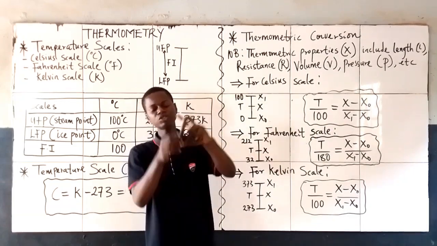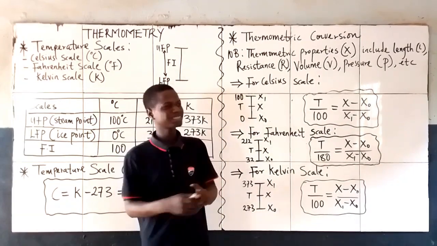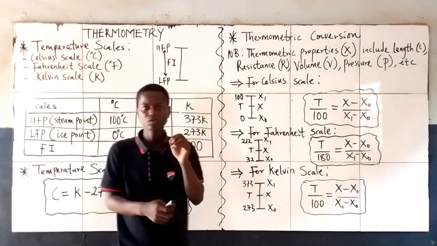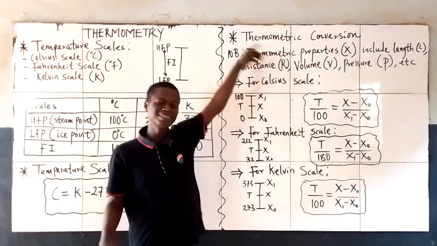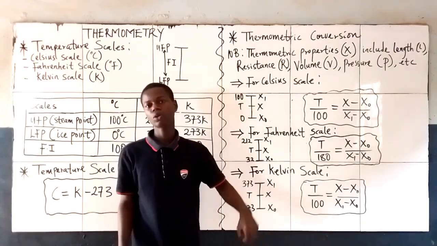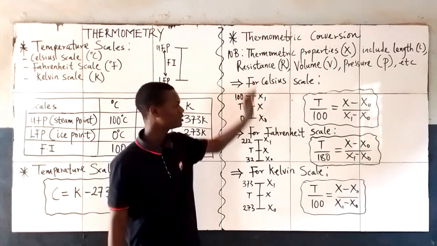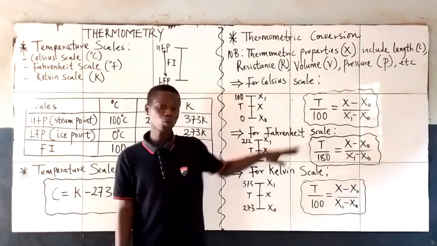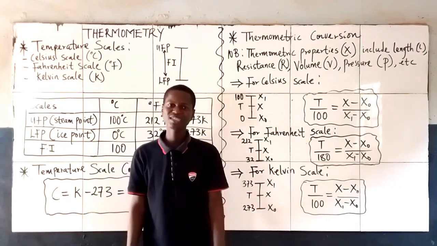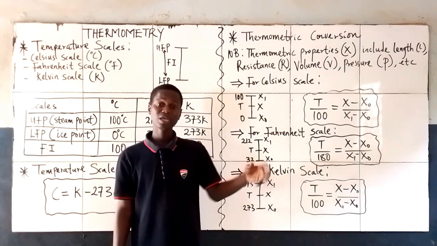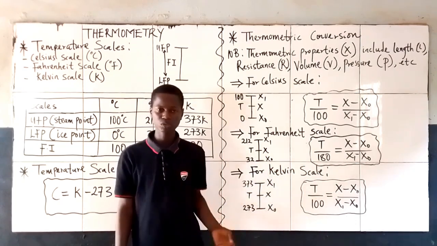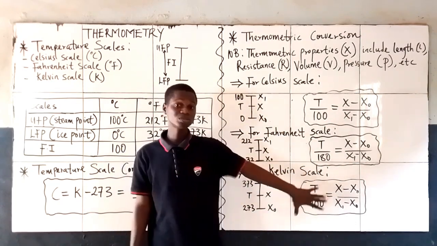If it reads so and so, what is the equivalent with any of these types of scales? That is what you'll be doing here. And this is the main calculation under thermometry. This is the main one. This is one you should, I say, focus more on. So if they will ever set a question on thermometry in, let's say, UTME and post-UTME, they would like to give you guys something like this, okay?